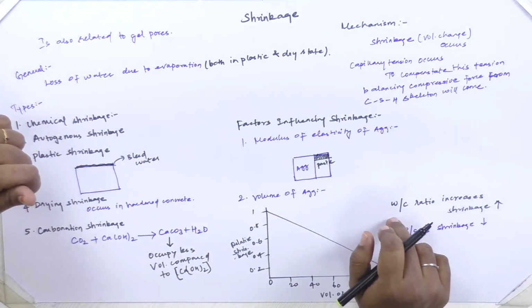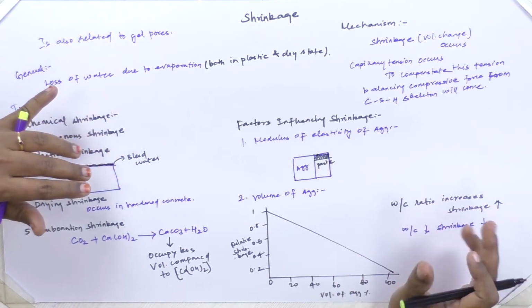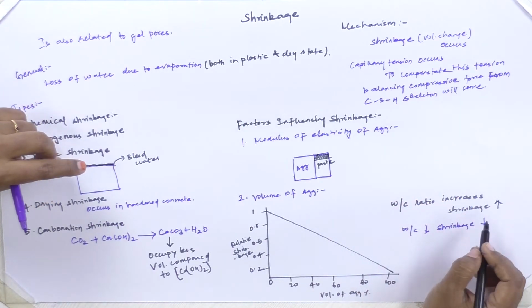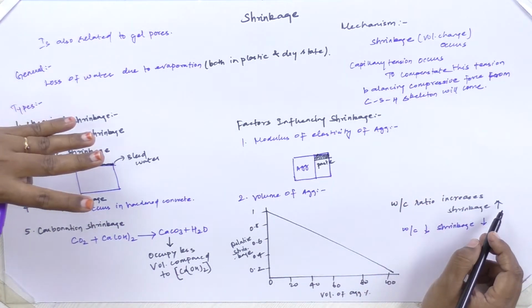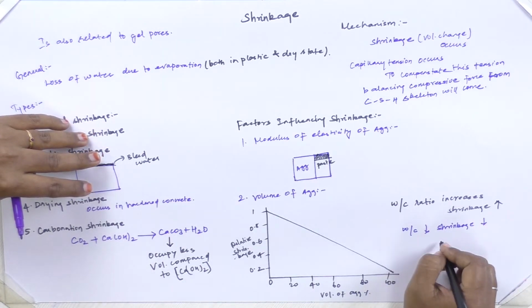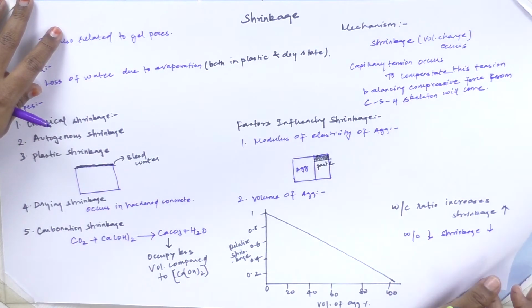This is because if the water cement ratio increases, there will be more capillary pores and the movement of water from the pores will be more. So the shrinkage will be obviously more. If I am having a less water cement ratio, my shrinkage also will be less.